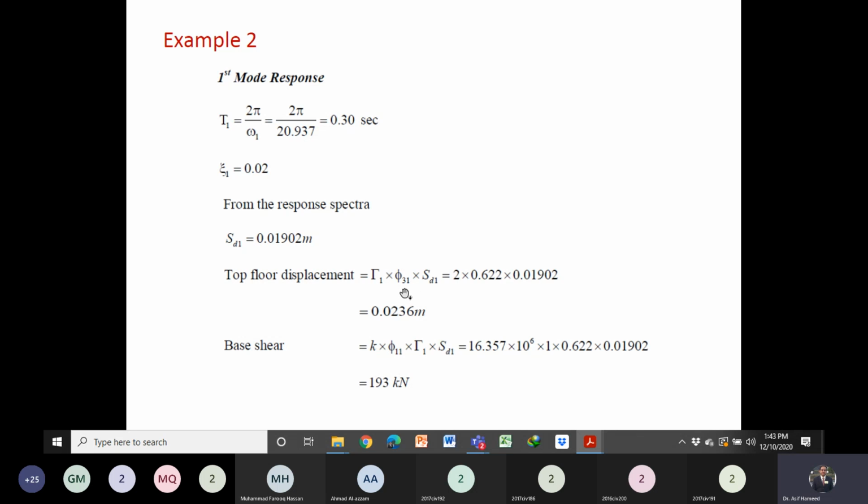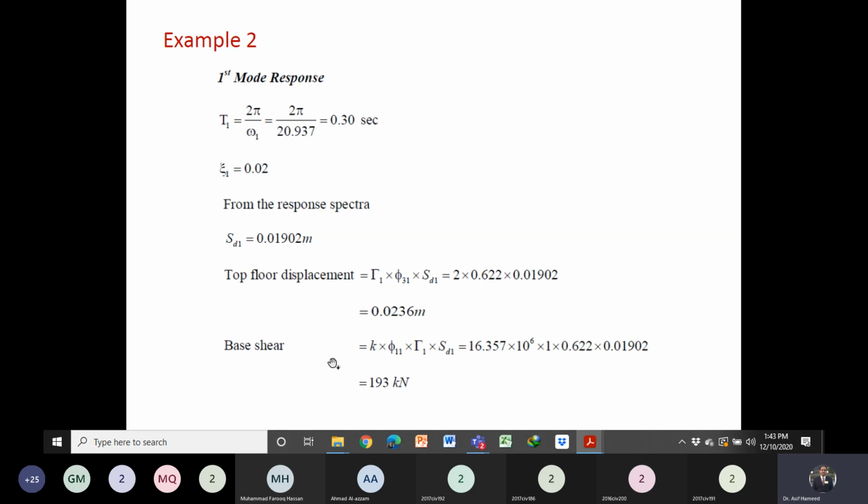Top floor is the mass 3. So this is the relative displacement of the third floor in the first mode of vibration, and this is the modal participation factor for the first mode of vibration. We multiply with the modal displacement value, and you will have the top floor displacement.